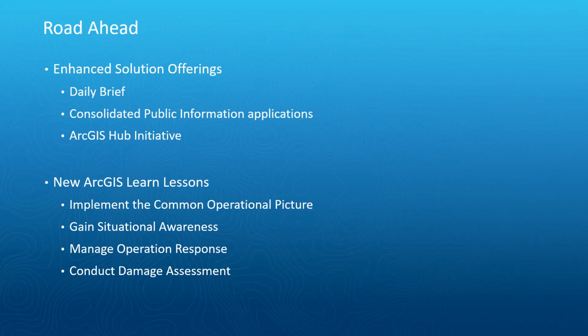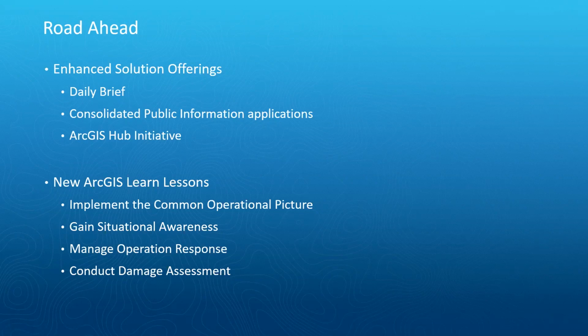A couple other things. We are working on some Learn lessons. Currently, we're working on the first one on the list here, to implement the common operational picture, as you saw today. So that's a Learn lesson. If you haven't, you can go to learn.arcgis.com. There's a gallery of many different lessons that are available, and this is the one that we are currently working on. I think we'll have this one finished sometime this spring. Then there are some other ones on the list here: gain situational awareness, manage operation response, conduct damage assessment.